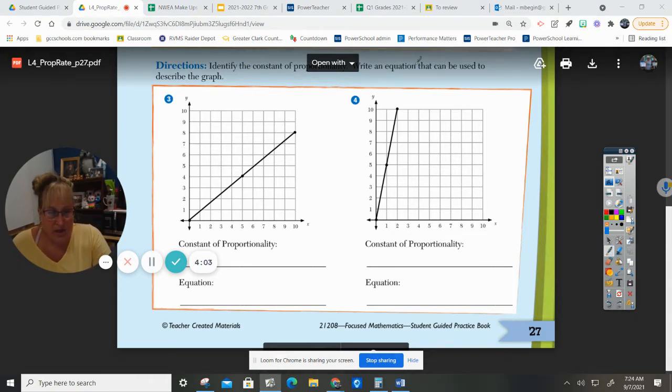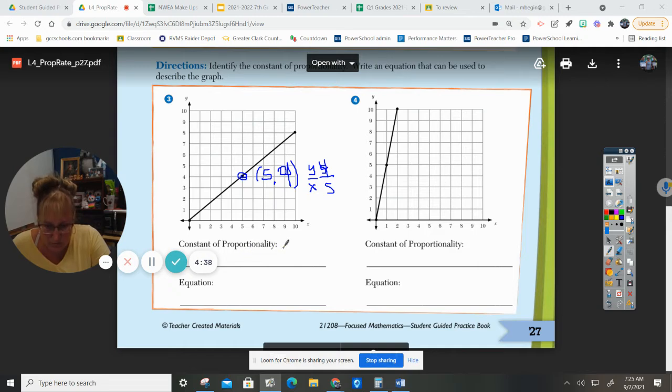Identify the constant of proportionality, write an equation that can be used to describe the graph. So I'm going to pick this point that it shows me, which is x is 5, the y is 4, sorry. And my constant of proportionality is y divided by x. So it's 4 over 5, 4/5.